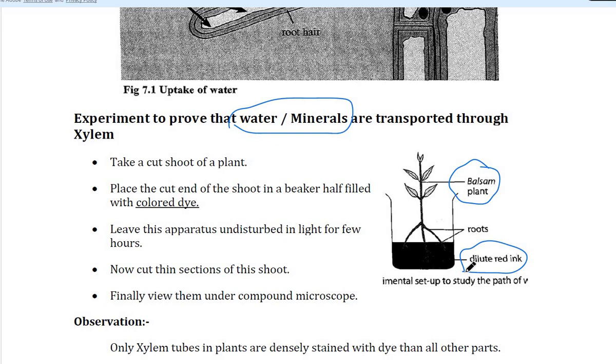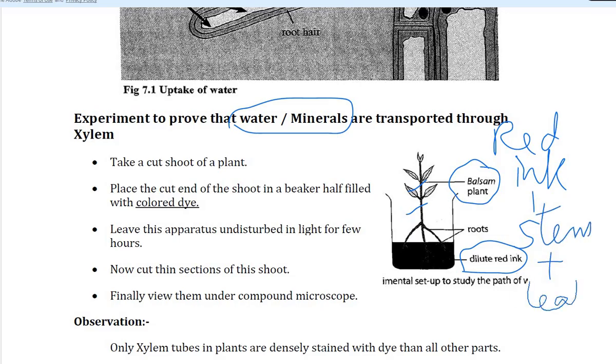After some time, when we cut the stem or twigs of the balsam plant, we will see that the red ink has been transported in the stem and in the leaf. So that is why we can see that xylem is transporting water from the roots to the upper parts of the plant.